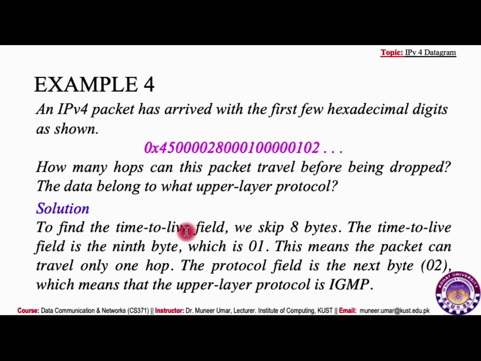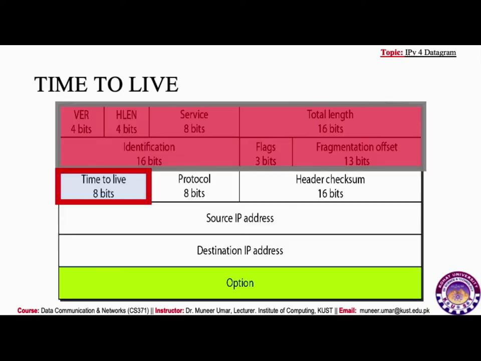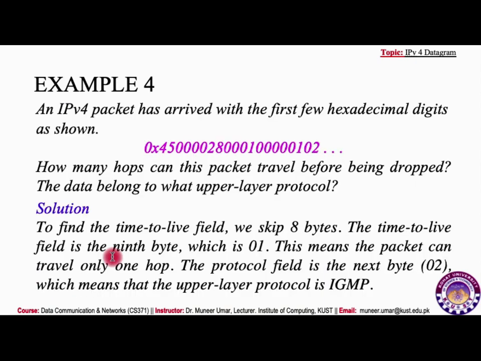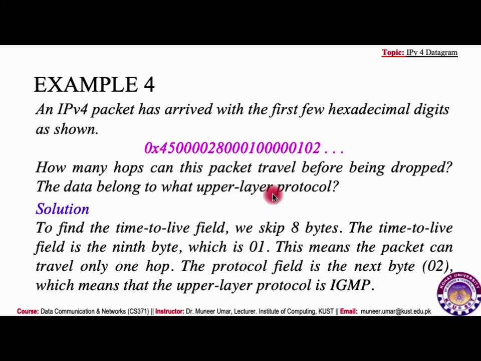To find the time to live field, we skip 8 bytes. 4 bytes plus 4 bytes, 8 bytes. So this one is the ninth byte. So we are skipping 8 bytes. The time to live field is the ninth byte, which is 01.